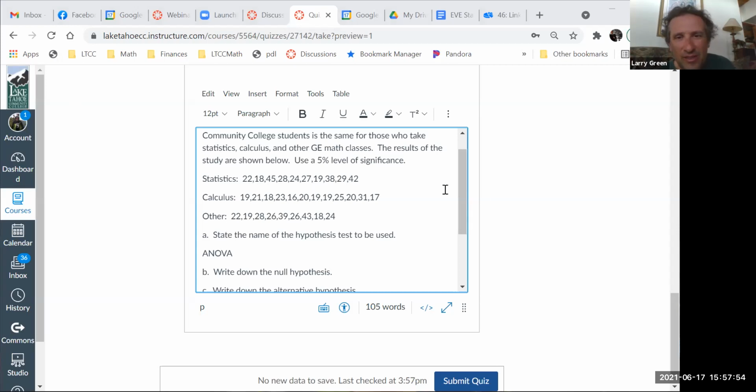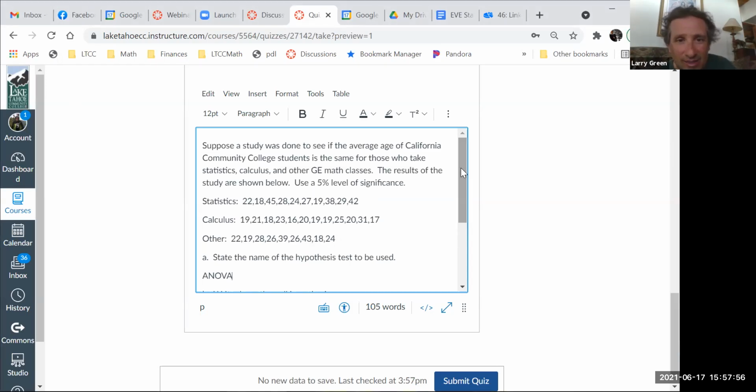The idea here is we have three different populations: the population of stat students, the population of calculus students, the population of other GE class students. And then the data for that was given from each member of the population, or a sample in this case.